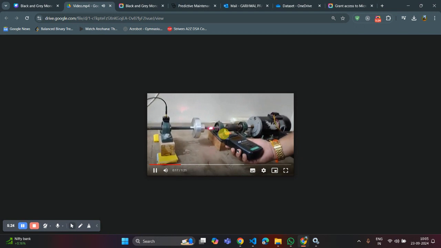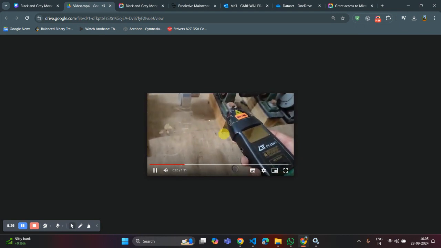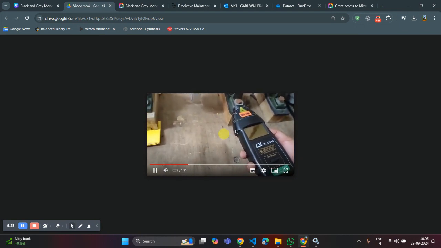As you can see, we have misaligned this rod by adding paper. This is the coupling of the two rods. Here we are getting the frequency at which the rod is rotating.